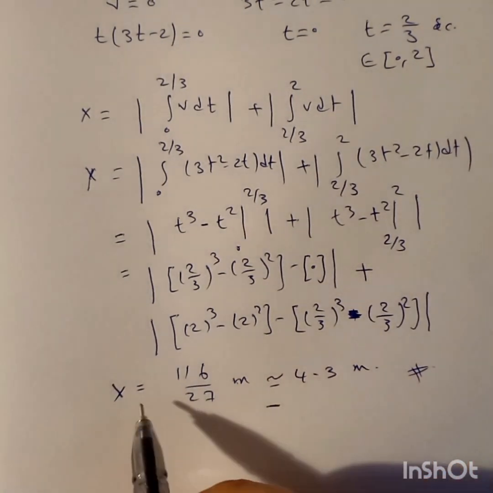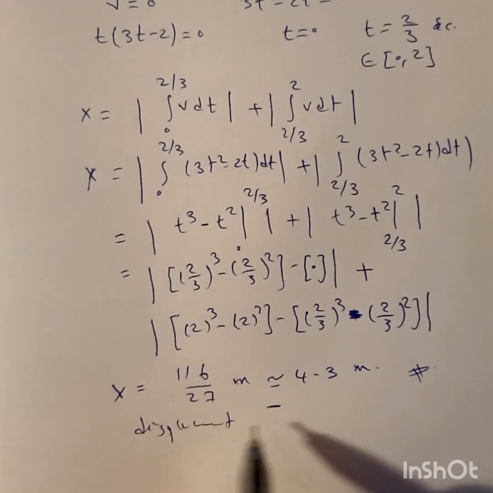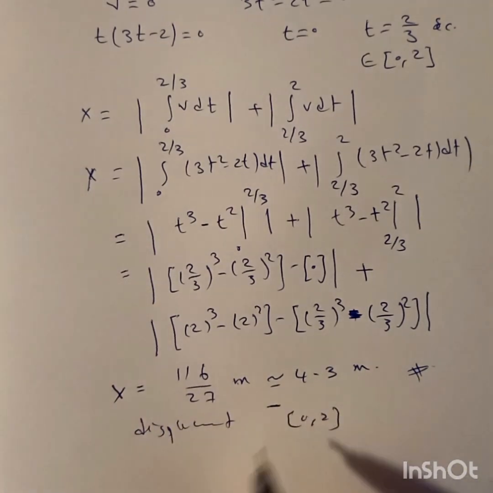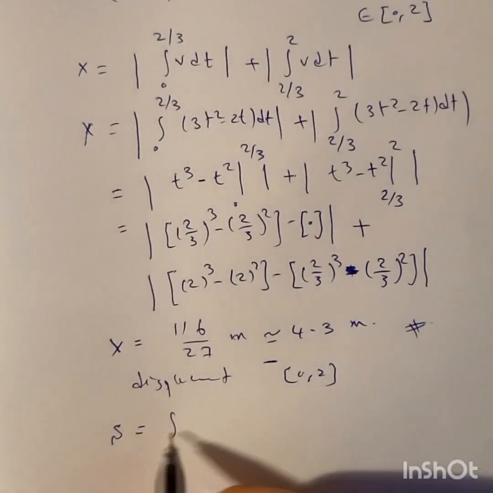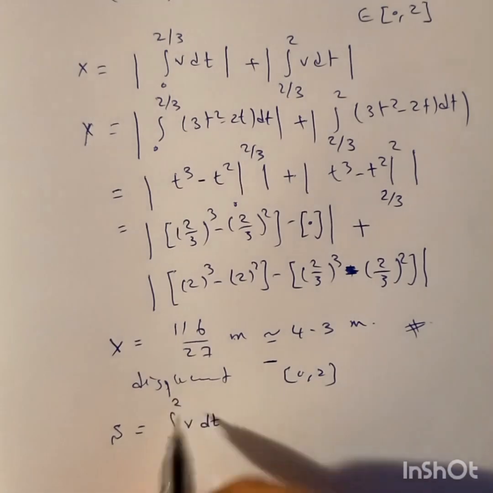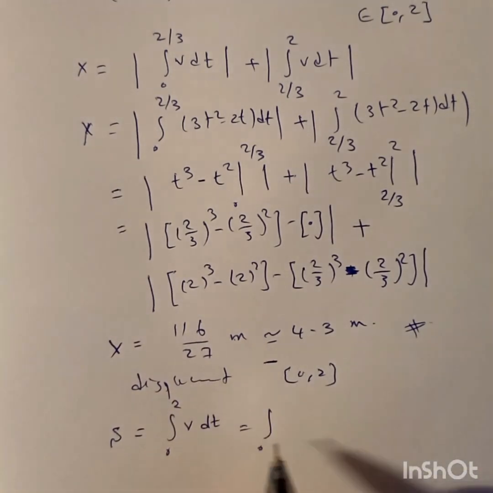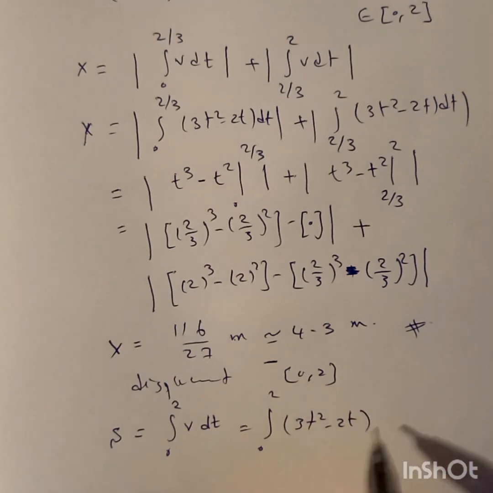Okay, if it's required to find displacement during the time interval from 0 to 2, then we have to use the displacement s equals the integral of v dt from 0 to 2. Okay, then we have from 0 to 2 of 3t² minus 2t dt.